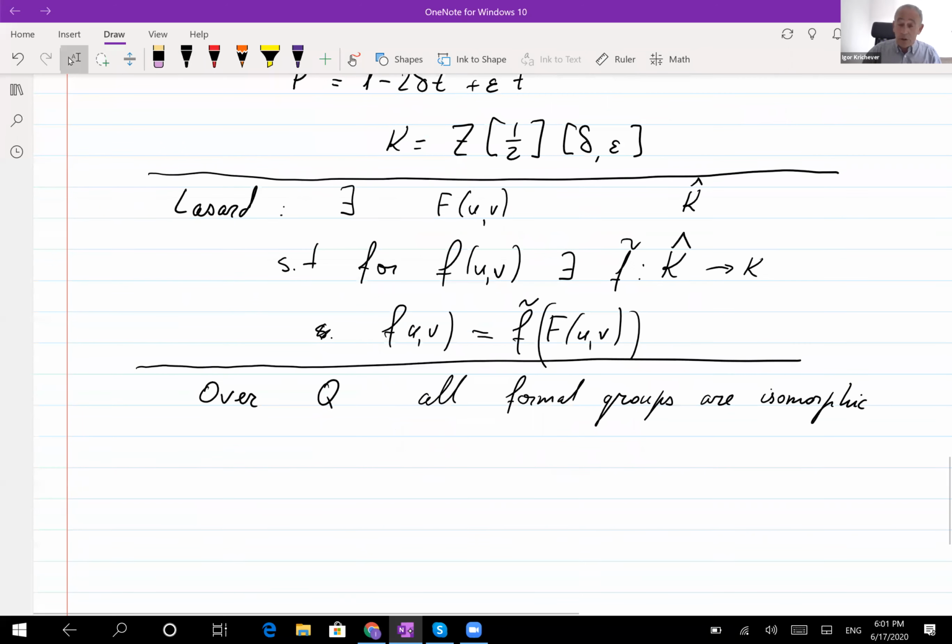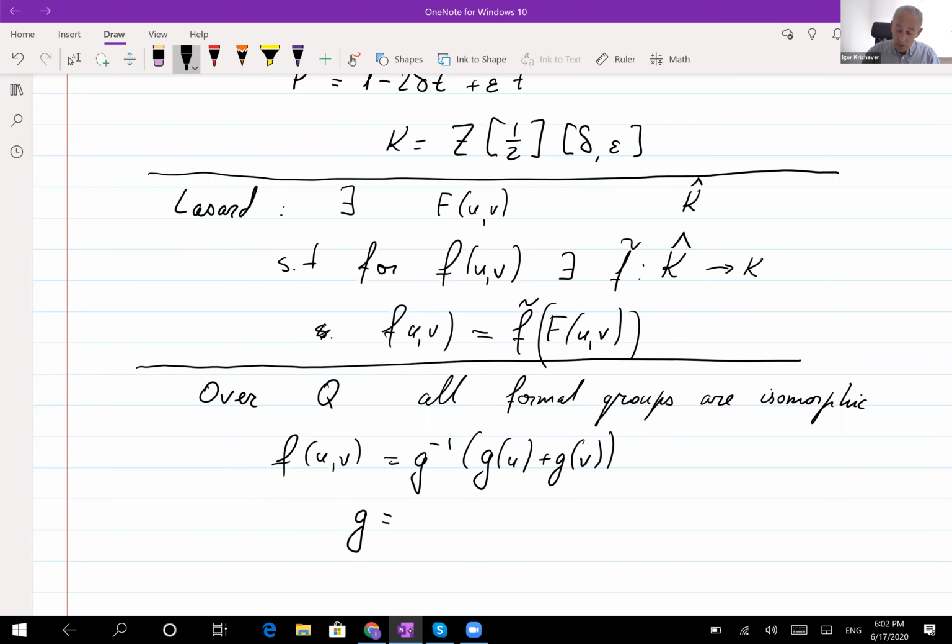What that means is that you can recover F of UV in the form G inverse of G of U plus G of V. So there exists a G, a formal series, lambda I, UI, such that after substitution, changing U by the formal series, it becomes linear.